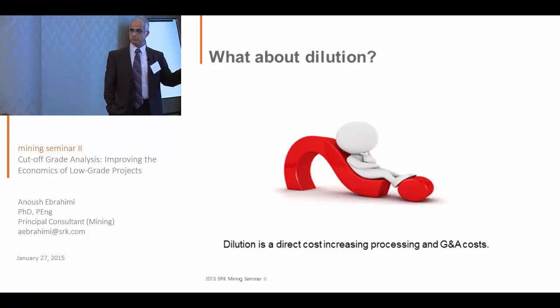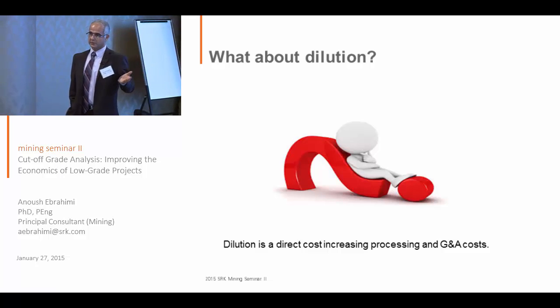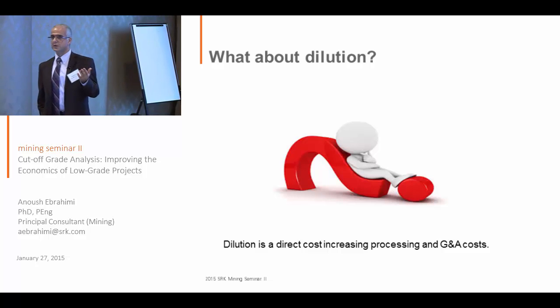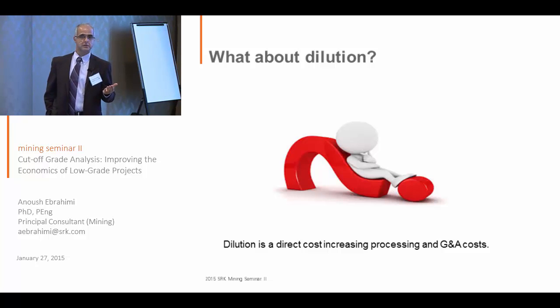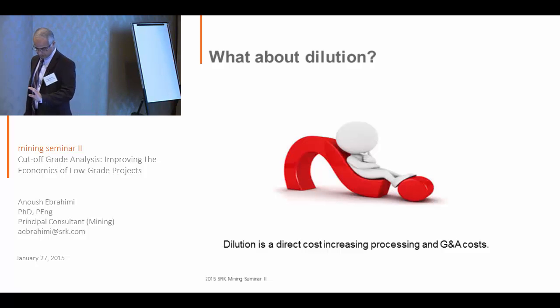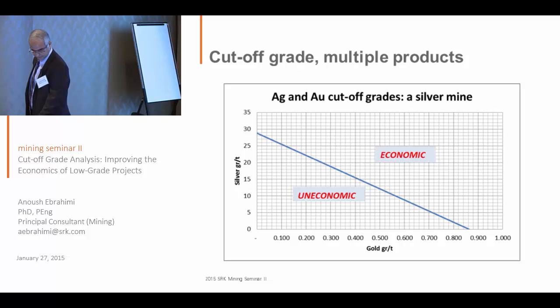And if your lab told you your processing cost is $10 per ton processed, now you are spending lots of reagents on 10 tons of purely waste. So the amount of dilution is a direct processing cost, and that really increases the cutoff. Always keep that in your mind.